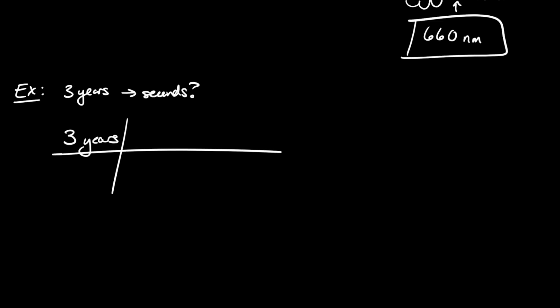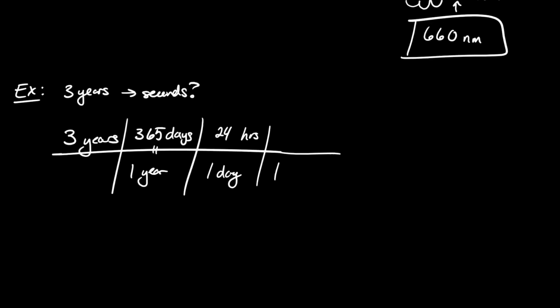So we know that in 1 year there are 365 days. Again, those two numbers are the same thing, so we're just multiplying by 1. In one day, there are 24 hours. In 1 hour, there are 60 minutes.